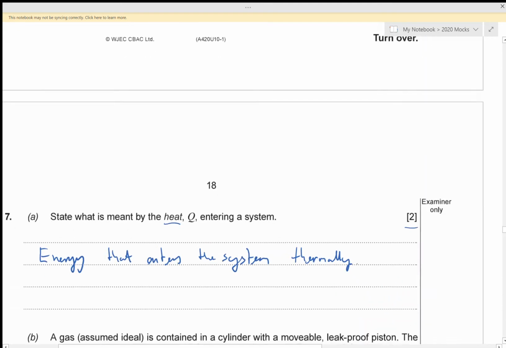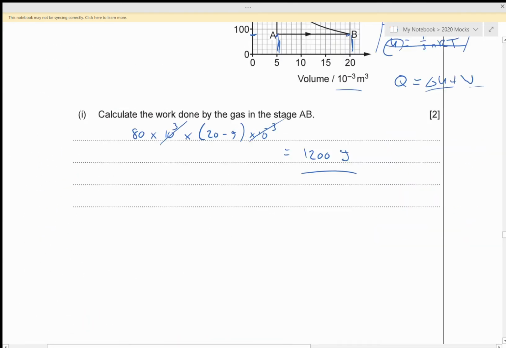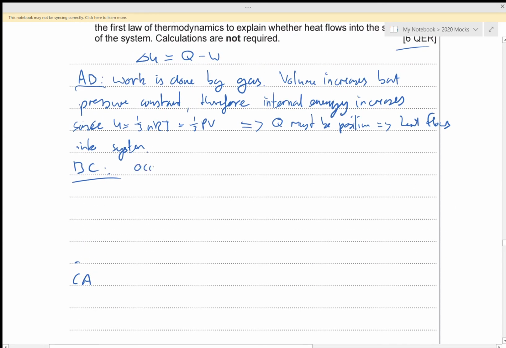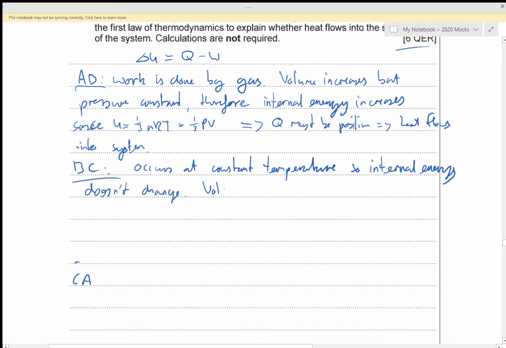So what's the phrase here? Constant temperature, BC. So that's my first point. BC occurs at constant temperature. So internal energy is constant. The volume decreases.